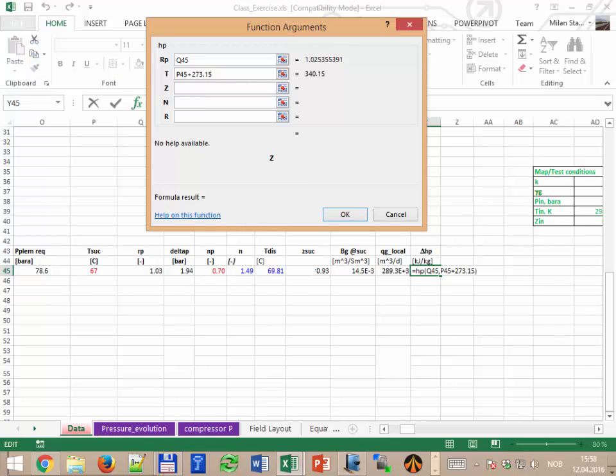Then set is here. Then N is the polytropic exponent, is this one, and R is the universal constant, 8.314, divided by the molecular weight.